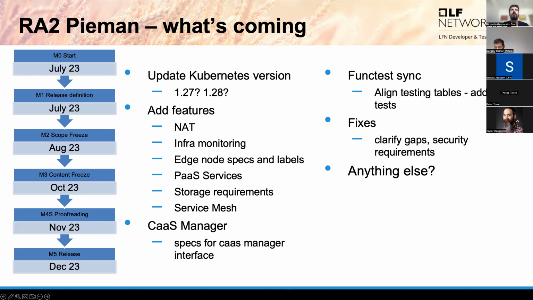In terms of features, there is a backlog of features that we've been meaning to implement for the past few releases, and some new ones. Things like NAT, infrastructure monitoring, edge deployments and PaaS services, more storage requirements and service mesh.